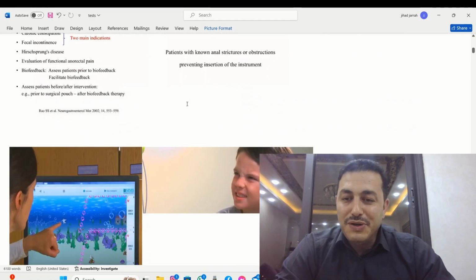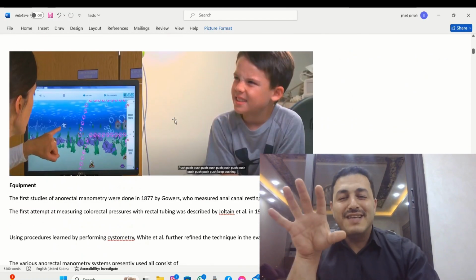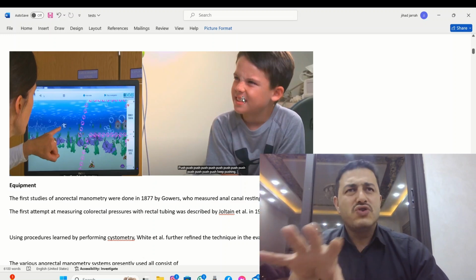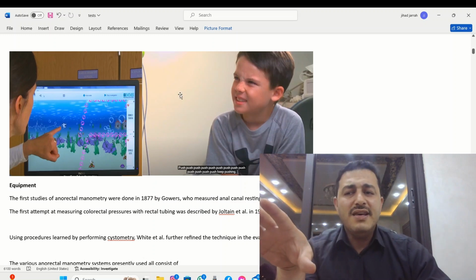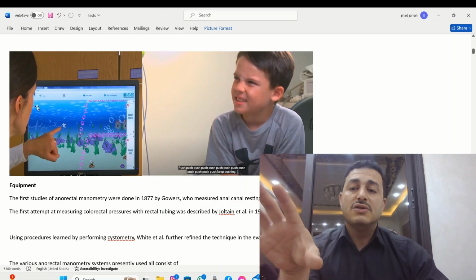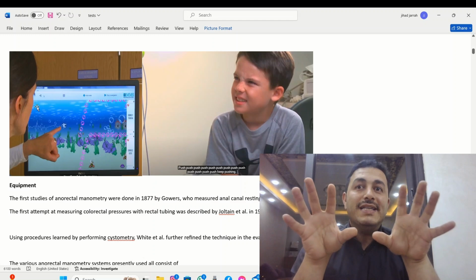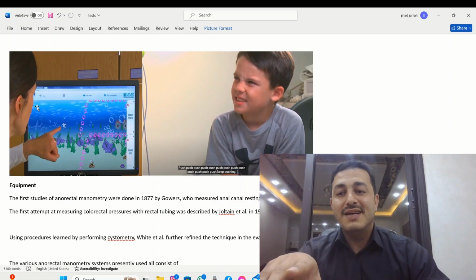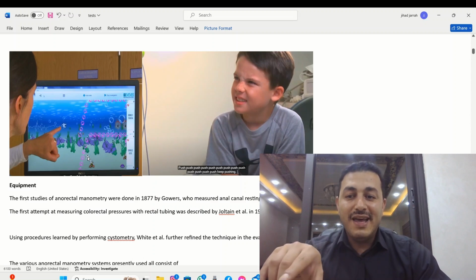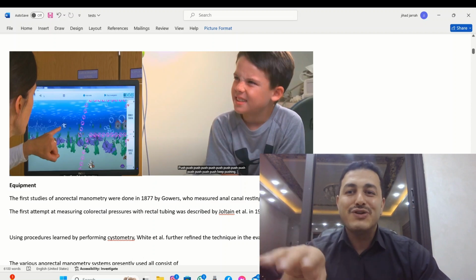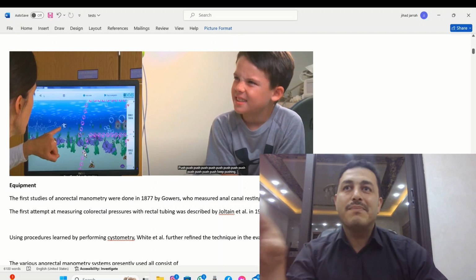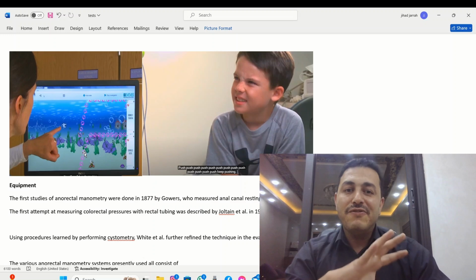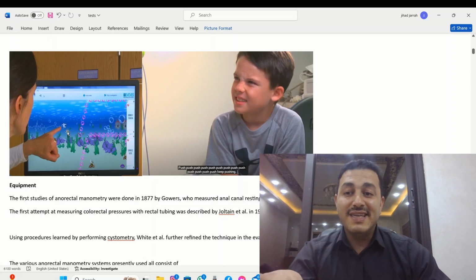Actually, I have a nice picture here. I brought it from YouTube, and you can see a child with chronic constipation, and a therapist, nurse, or doctor is teaching him how to use his abdominal and pelvic muscles. The manometric measurements, the resting pressure and the squeezing pressure, the parameters taken from manometry, are reflected as a game.